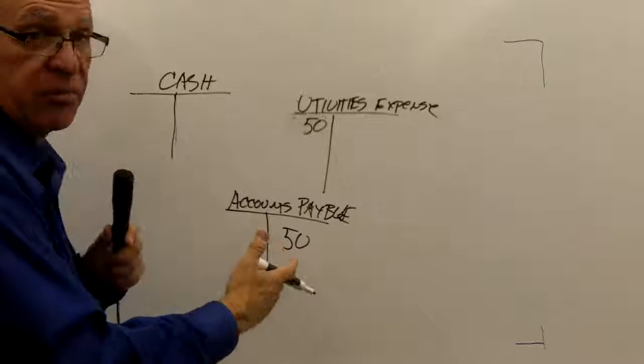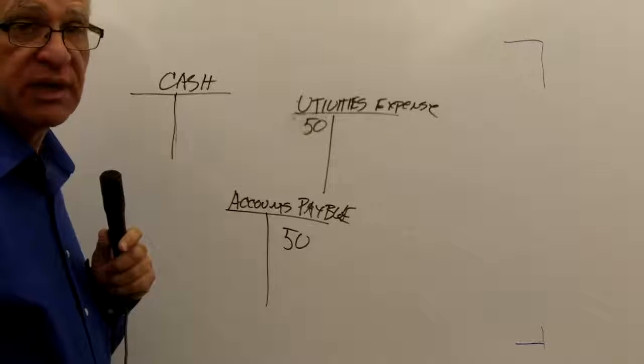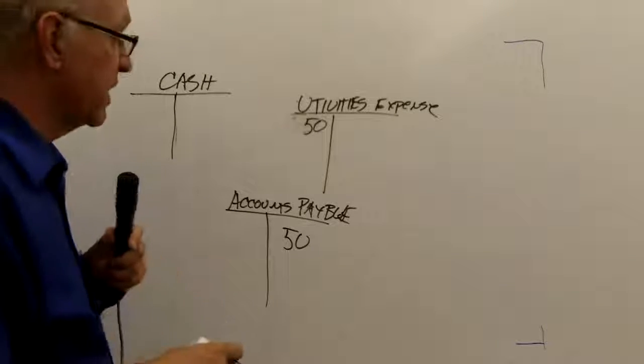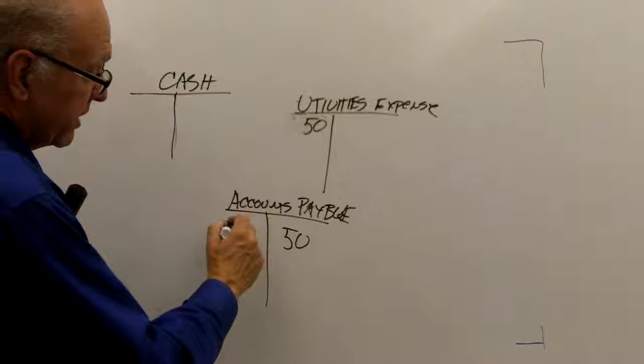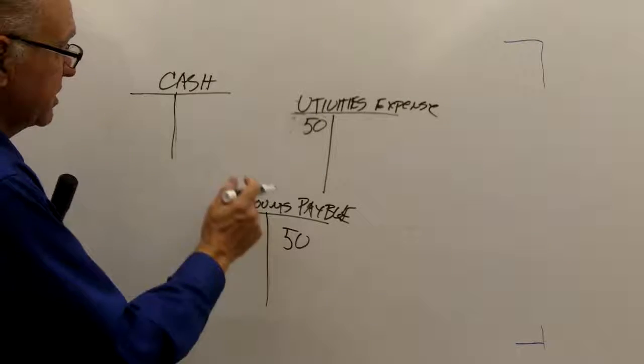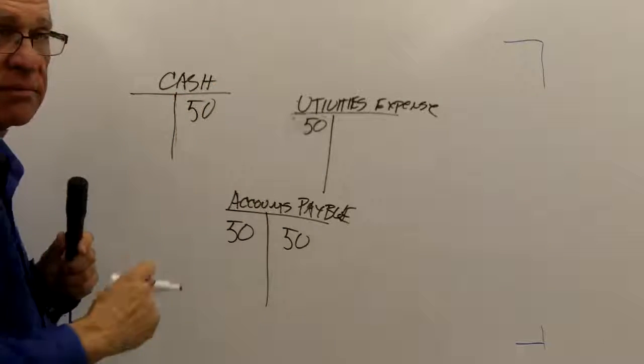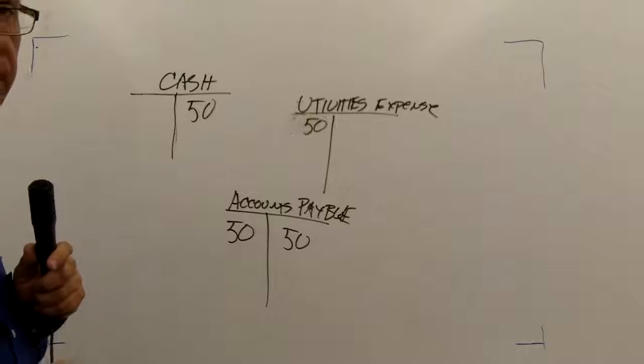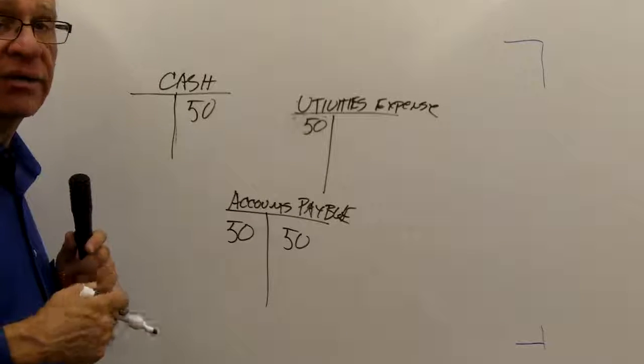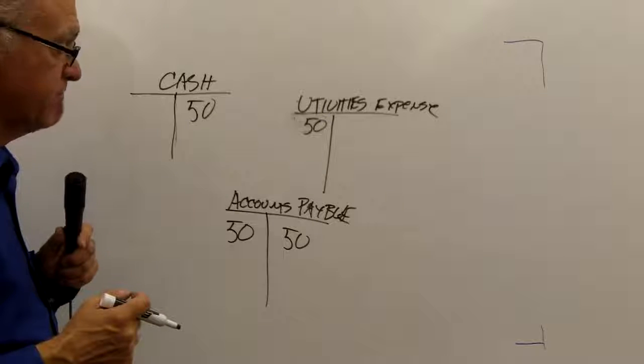Because the electric company has a claim against my business for $50. If I then pay 3 weeks later, I would debit this accounts payable, which brings it to zero, and credit cash. So the cash would go out. So that's an example of cash going out after I've incurred the expense.